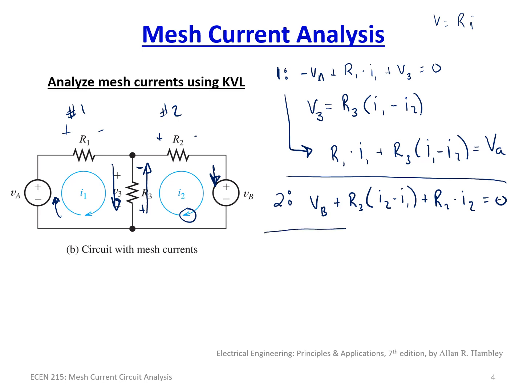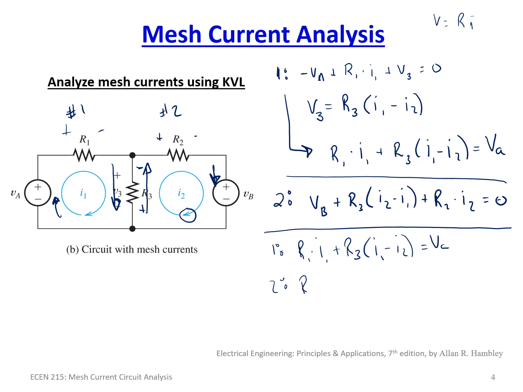So rewriting both of these, just so we have a set of common equations here. Equation 1 is R1 I1 plus R3 times I1 minus I2 equal to VA. And equation 2 gives us, what do we get?